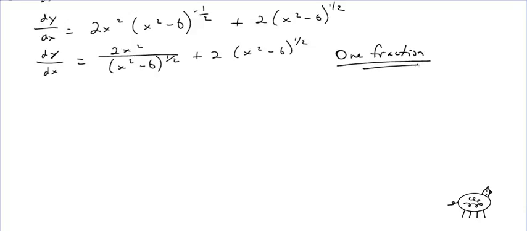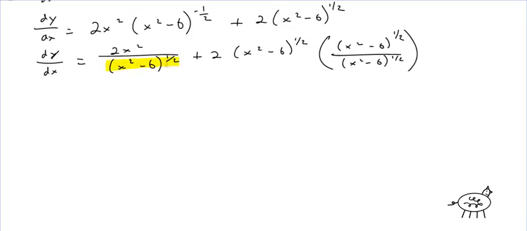I multiply this term by (x squared minus 6) to the 1/2 over (x squared minus 6) to the 1/2. Do you agree? I'm just getting a common denominator. I would say I was rationalizing, but I'm not even rationalizing. I don't care about having a radical in the denominator. I'm literally just trying to get a common denominator, because I need this denominator here as well to be able to combine them together.